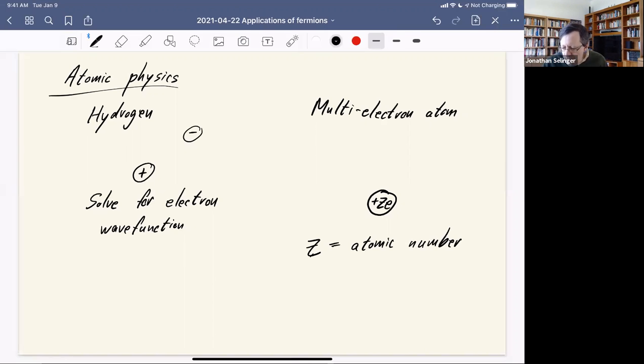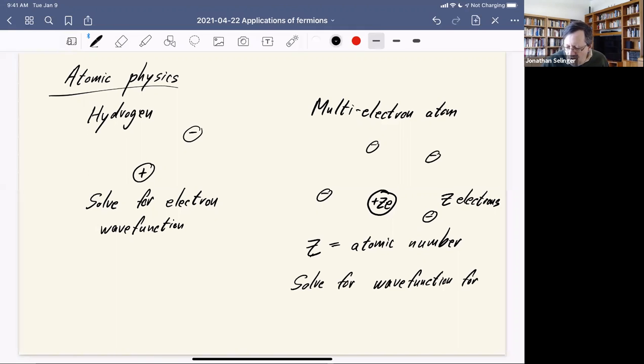And so then there are Z electrons that are flying around the nucleus. So ideally speaking, what we would want to do would be to solve for the wave function for all Z electrons.